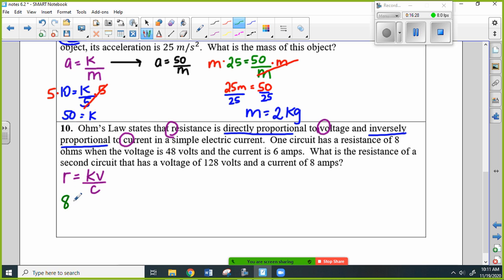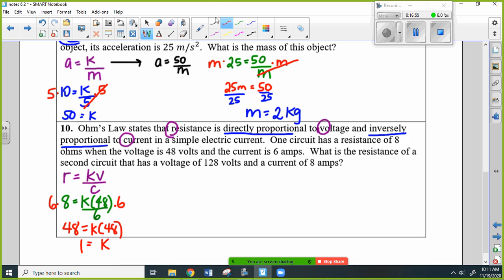Resistance is 8, voltage is 48, and current is 6. Okay, now there's a couple of different ways to solve this, because remember, you've got to find K. You can do it in a couple steps. Maybe you multiply by 6 first, and so then you get 48 equals K times 48, and so then you divide by 48, and did you guys get K equals 1?